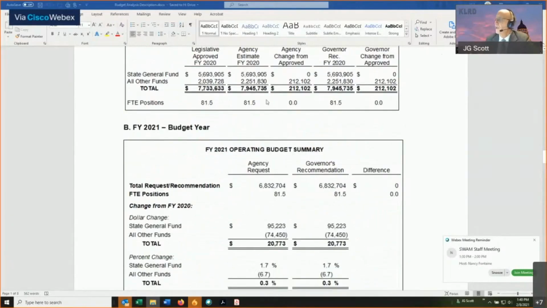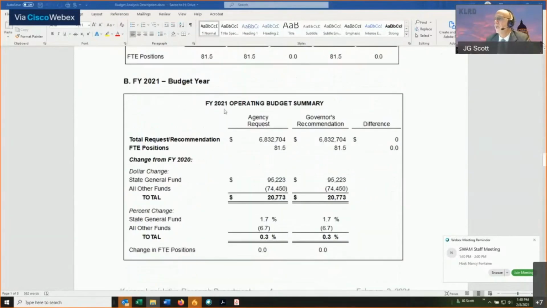There'll be some discussion on all of the adjustments that the agencies have made and what they've requested. And the same thing for the current year. The current year is the year that we're in. When we talk about fiscal years, sometimes it can get a little confusing on what fiscal year we're in. It runs from July through June.